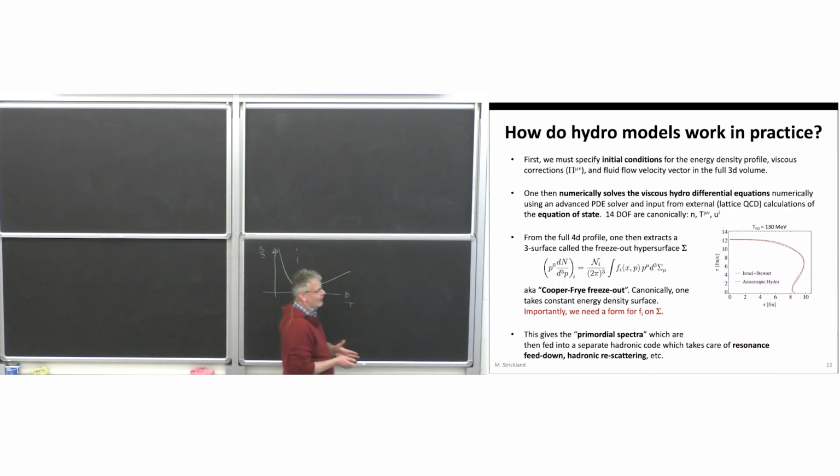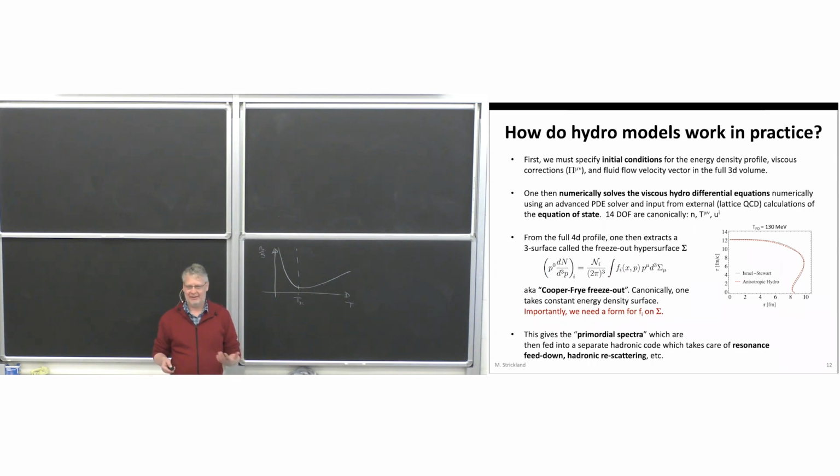But then it's not over. As Francesco pointed out, and I also mentioned in words, eventually you're going to get to a region where it's so dilute that you want to convert back into hadrons. And you actually don't do this at the phase transition temperature in practice. Actually, you do it lower than the phase transition temperature because hydro doesn't care what degrees of freedom you have.